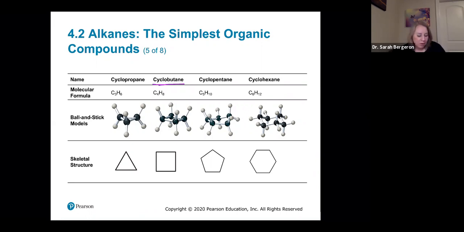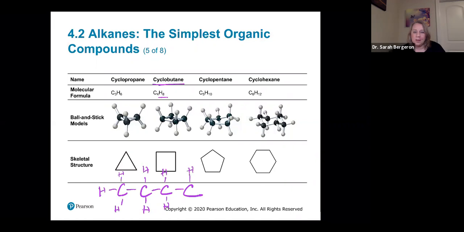If I give myself 4 carbons, and I know it's an ane, so I put single bonds in there, and I have 8 hydrogens. If I try to put 8 hydrogens, that's 3, 4, 5, 6, 7, 8. I used up all my hydrogens.